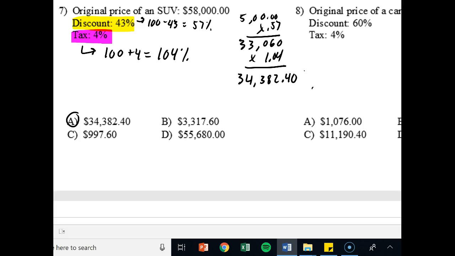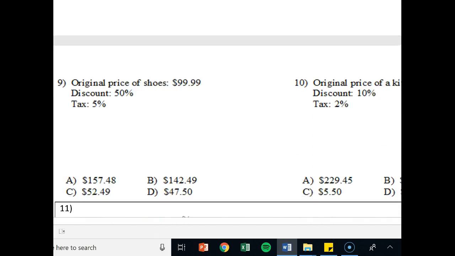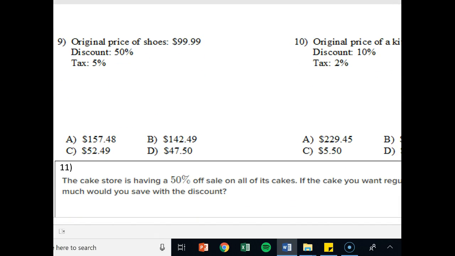If I were you, I'd pause right now and try and do all the even problems because they're very similar to the odd problems. Number 9. Again, we've got a discount of 50%, and then we've got a tax of 5%, right? So $99.99 times 0.50 gives us an exact answer of 49.995, right?